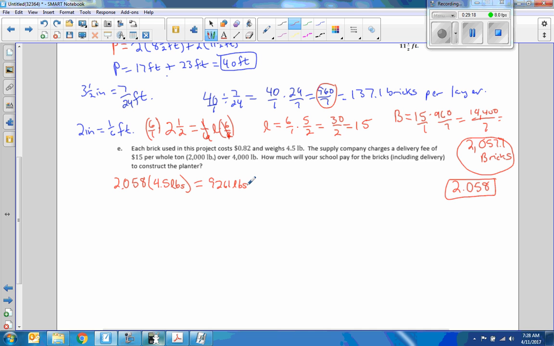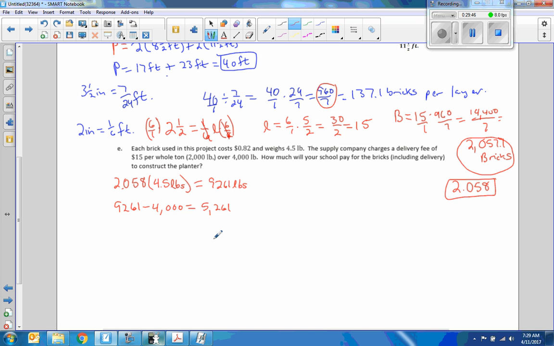Now the number of whole tons over 4,000 pounds, because anything over 4,000 pounds, they're going to charge $15 per ton. So I have to take this 9,261 pounds and subtract 4,000. That's how much they ship for free, and it's going to be 5,261 pounds that we have to pay for.